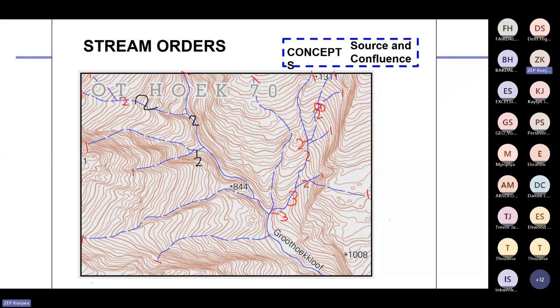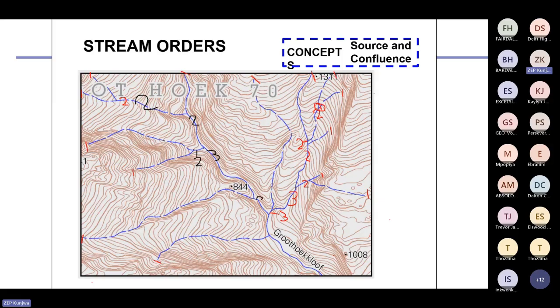Now order number 3, if you go down, there's a confluence there, it's meeting with what? There's order number 1 there. So order number 3 is meeting with order number 1, so we maintain order number 3. And then here in this confluence, you've got order number 3 from this side and order number 3 from this side.